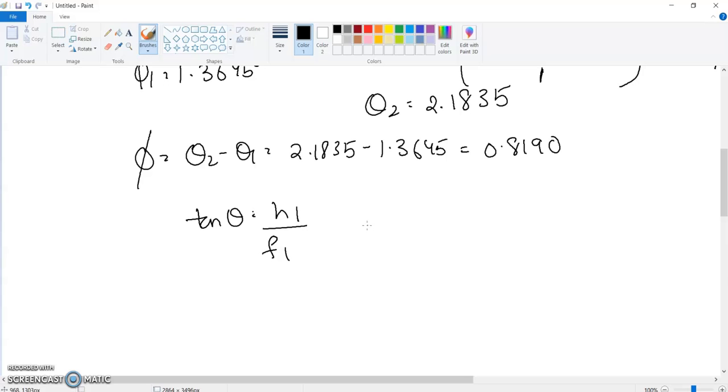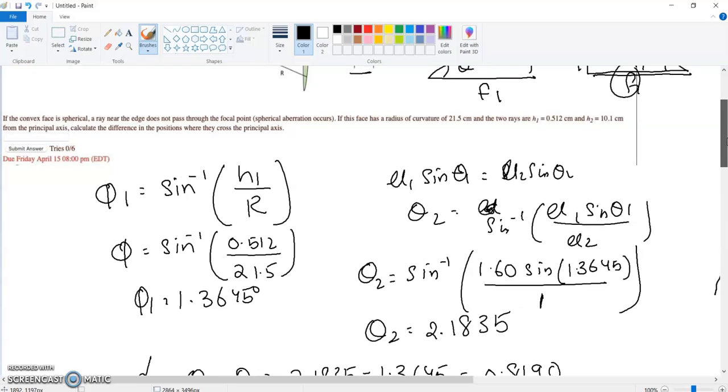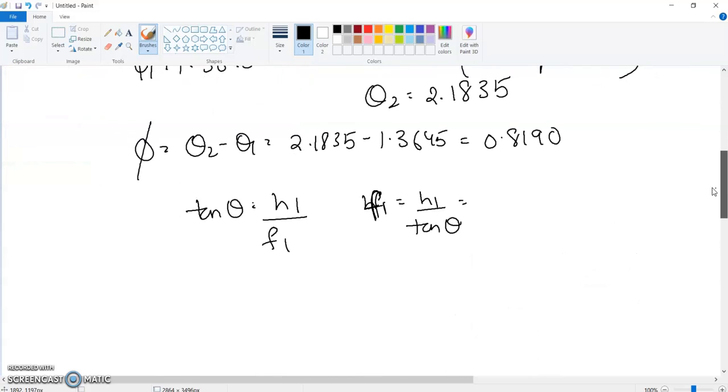I don't know f1, so f1 would be h1 over tan theta. The h1 value, I already know: it was 0.512. So 0.512 divided by tan theta.